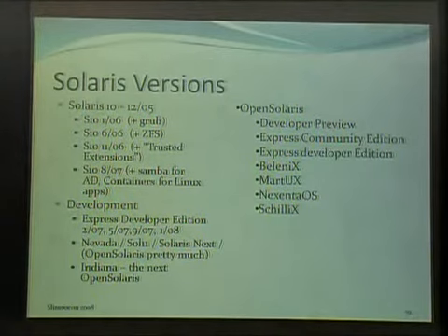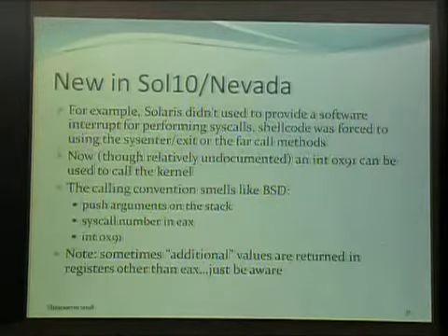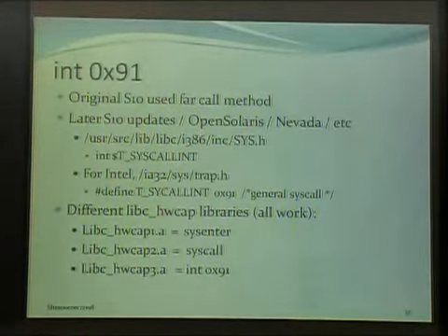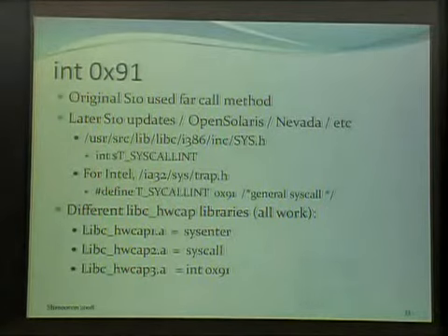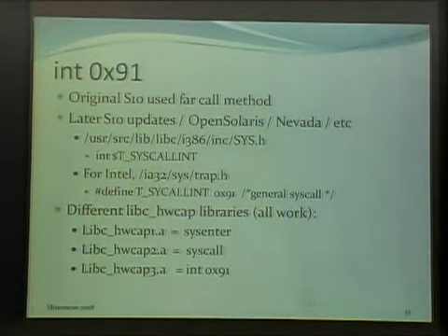If somebody wants to donate all of these exact versions that have ever come out of S10, maybe someday I'll get to it, but it's still not very interesting. But anyway, sometime in the updates, this int 0x91 became available. It's defined in sys.h, and for Intel, you dig down into trap.h and you see that T_SYSCALLINT is #defined to 0x91.